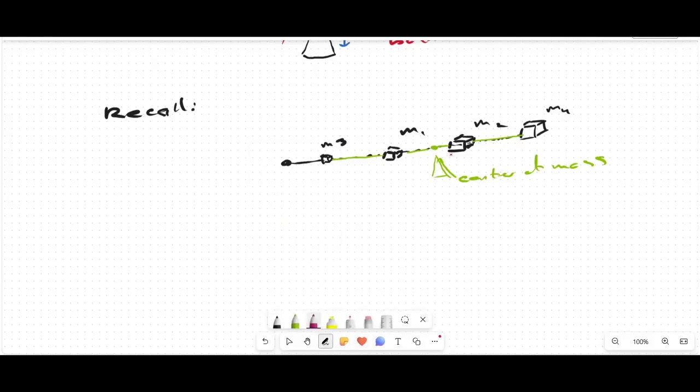There's the sizes or the weights of these various masses, and then there's how far any one of them is from this center point. So associated to M1, M2, M3, and M4, there are coordinates, X1, X2, X3, and X4, representing where they are on the line.